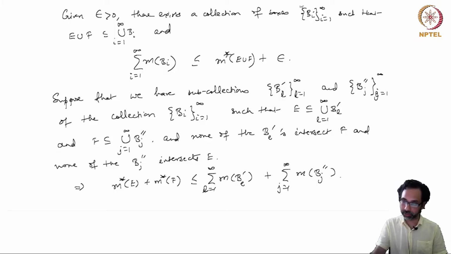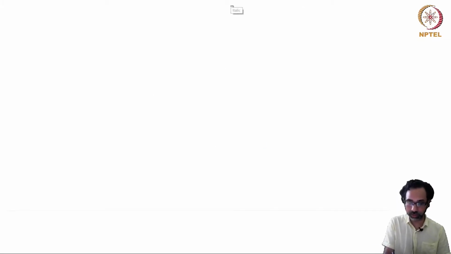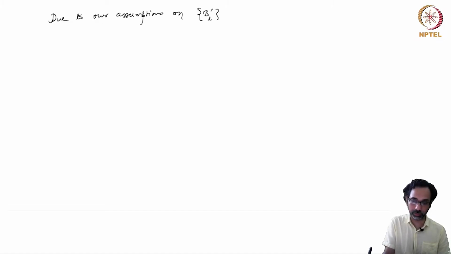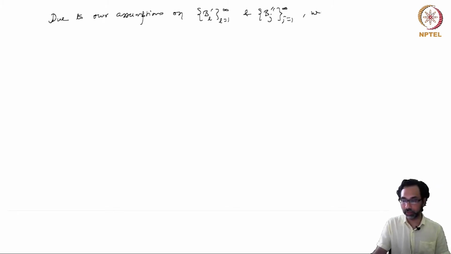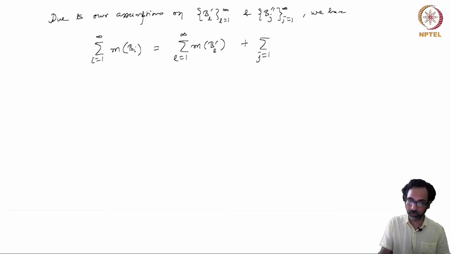But because of this assumption that none of the Bl prime intersect F and none of the Bj double prime intersect E, this implies, due to our assumptions on these collections Bl prime and Bj double prime, j equal to 1 to infinity, that the sum i equal to 1 to infinity of the measures of Bi is equal to the sum l equal to 1 to infinity m of Bl prime plus the sum j equal to 1 to infinity m of Bj double prime.